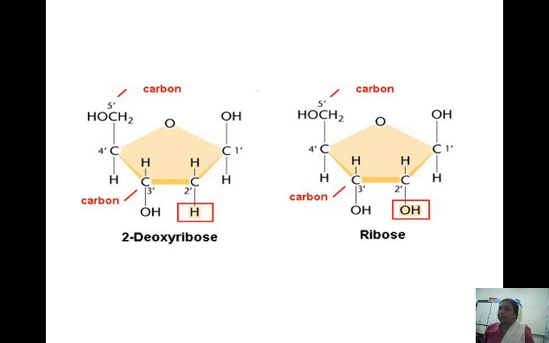There are 5 carbons here, and this is the structure of ribose. If one oxygen is less at the second carbon, it forms deoxyribose. Ribose is the sugar present in RNA, whereas deoxyribose is the sugar present in DNA.